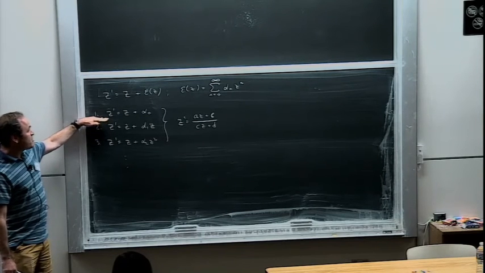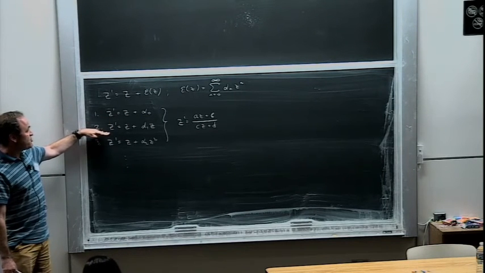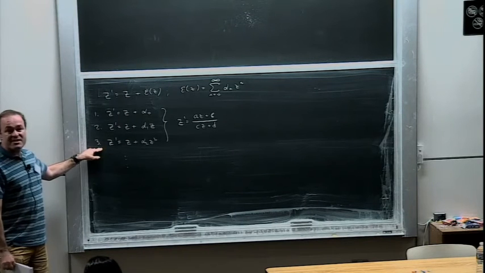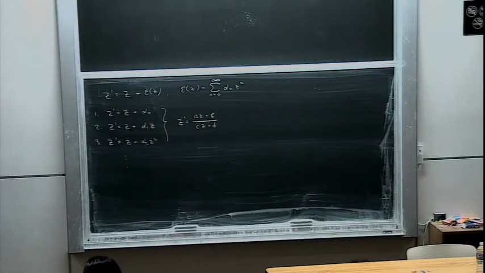So invariance under 1 and 2 necessarily leads to invariance under 3. That's true in any number of dimensions.